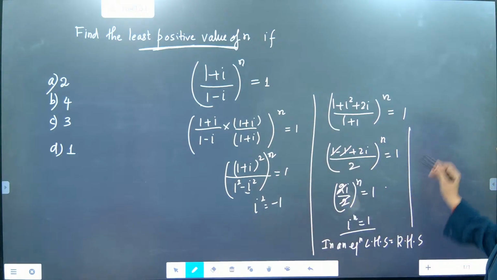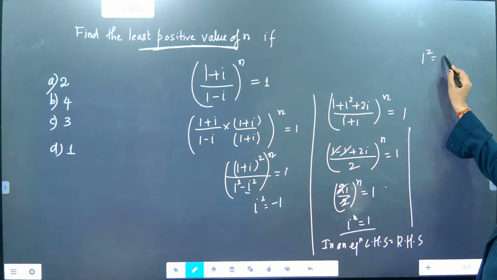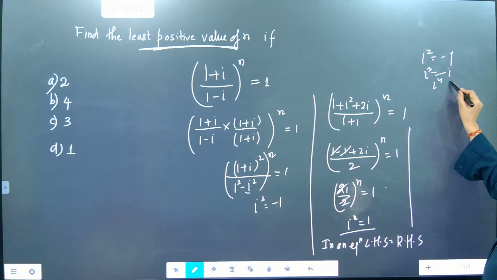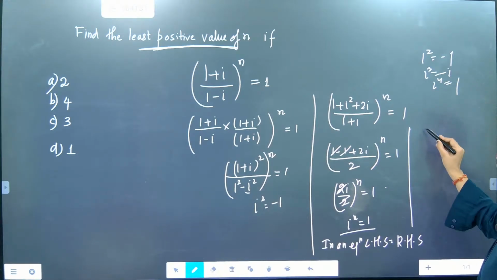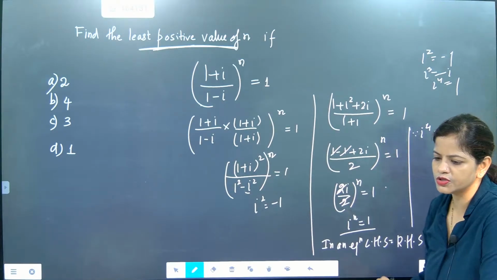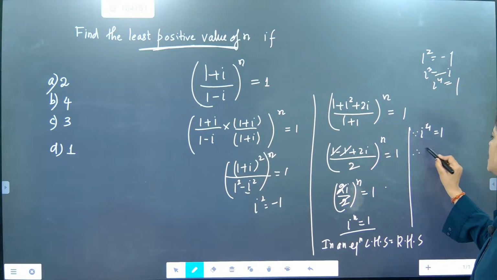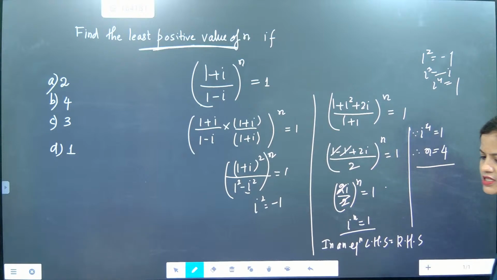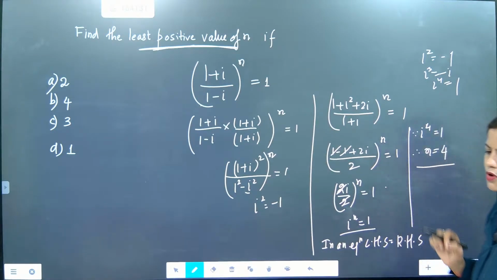That means i square is giving you minus 1, i cube will give you minus i, i to the power 4 will give you 1. Since i to the power 4 is equal to 1, therefore n is equal to 4 is the least positive value.